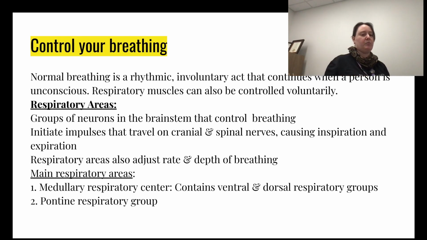If you don't remember where the medullary and the pontine are, basically it's your brainstem. Your brainstem usually is in control of a lot of your involuntary areas. My old karate sensei used to call it your lizard brain, because it's one of the oldest parts of the brain if you look at it from an evolutionary standpoint. Not in you. I mean, it was all formed at the same time in you.